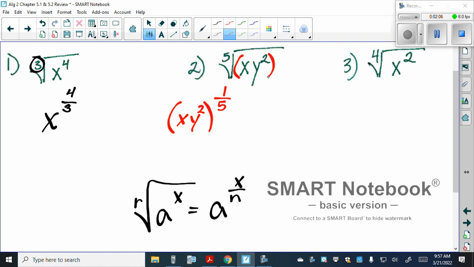Now, we could have skipped this step and just applied it to both. So it'd be x to the 1/5 and y to the 2/5. We could have done it individually; we didn't have to do it as one term. So we could have gone straight from the radical form to x to the 1/5 times y to the 2/5, and that would be the exact same thing.